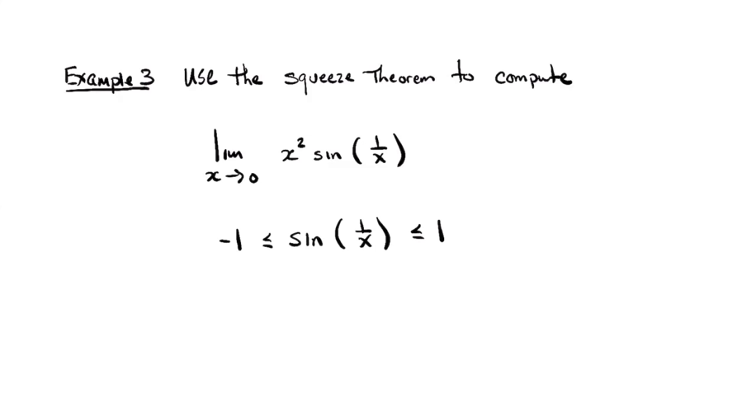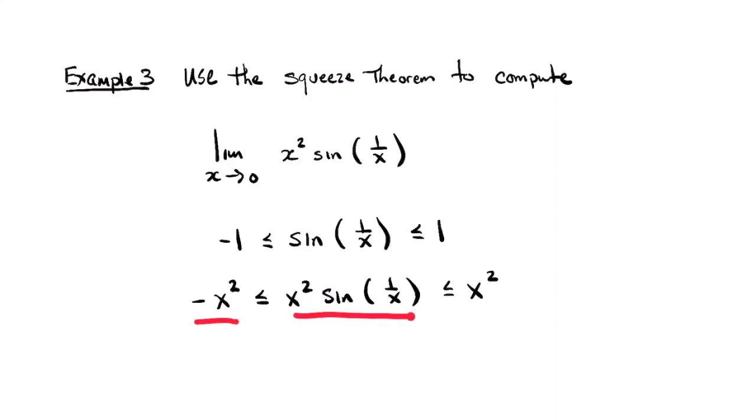So if x is any real number except 0, its square is positive. When you multiply inequalities by a positive number, you don't change the inequalities. So our function that we're interested in, x squared times the sine of 1 over x, is bounded between minus x squared and x squared. You don't have to name them, and I'm not going to write the names here to keep it simple, but this is my f of x, minus x squared. g of x is the thing I want to take the limit of, and that's my h of x.